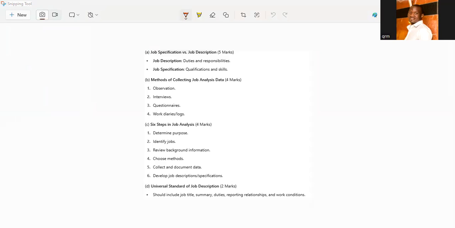So job description is more about giving the duties, responsibilities, the scope of a particular position. It looks at what the employee is expected to do, who they report to, the conditions under which the job should be carried out. In short, job description focuses on what the job entitles an individual to do.